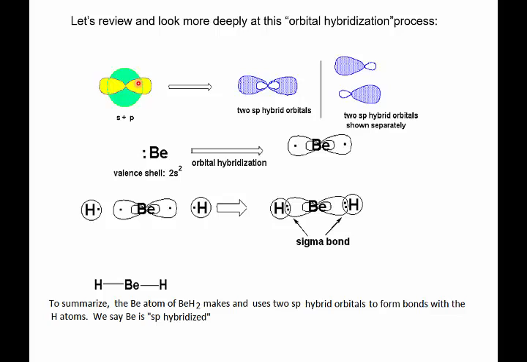Now when it does that, it will make two brand new orbitals. They're called hybrid orbitals. And here they're shown here. Each orbital, looking at an individual, has a larger head lobe and a smaller tail lobe.